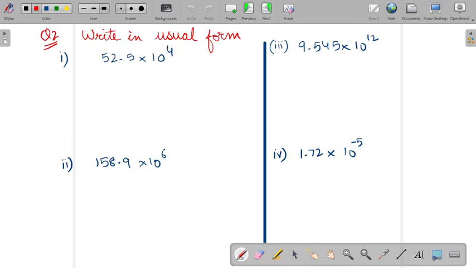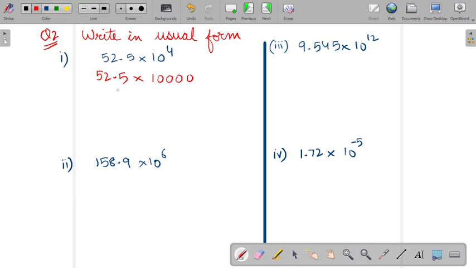Now question number 2. Question 2 is: write in usual form, which means you have to expand it and write the answer. So it would be 52.5 and 10 raised to power 4, which means 10 four times. So it will be 10,000.